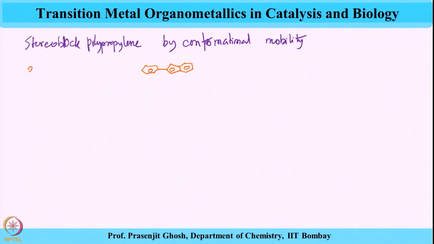This ligand is called 2-phenyl indene, or 2-PhInd. This ligand complex of zirconium with MAO actually resulted in two types of complex.